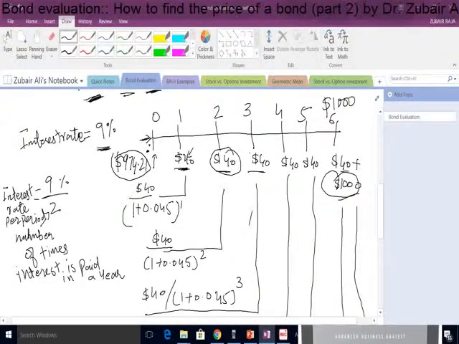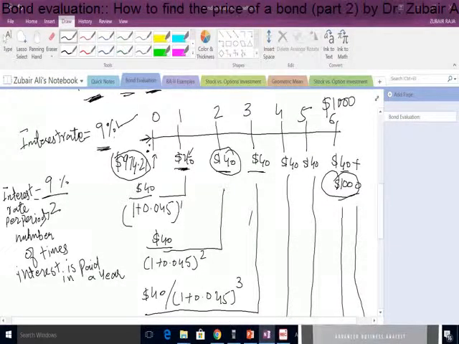Now after 1 year, when the first investor is going to sell it in the market, the interest rate has changed and increased to 9%. So the new investor wants a higher interest rate than 8%. He needs 9%. So comparable bonds issued at the same time will be issued at a 9% interest rate, not at 8%.